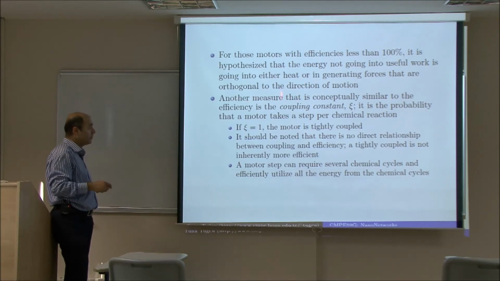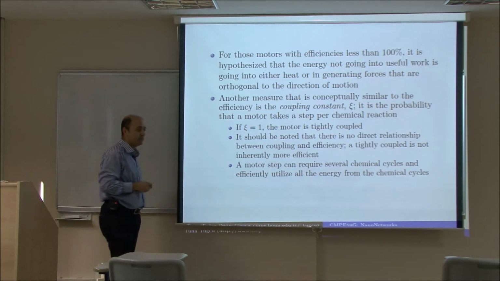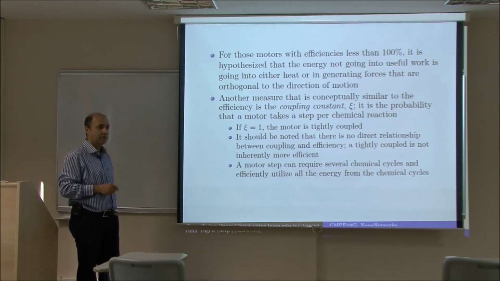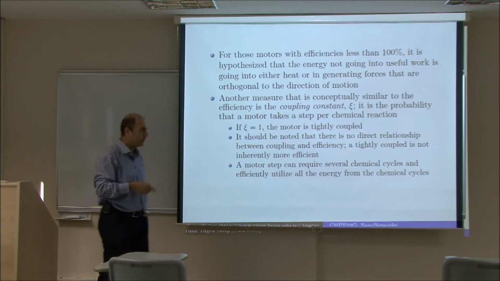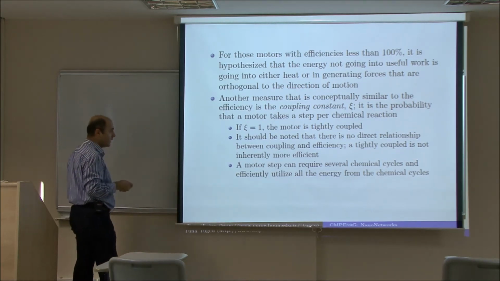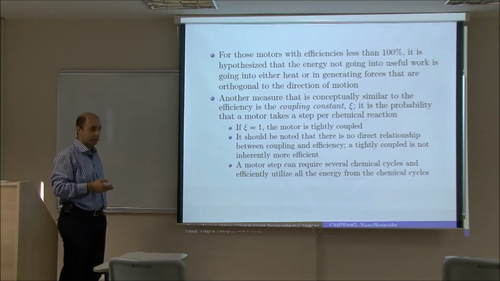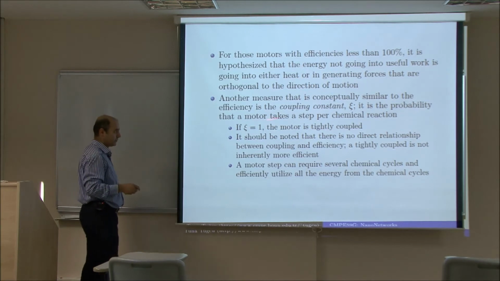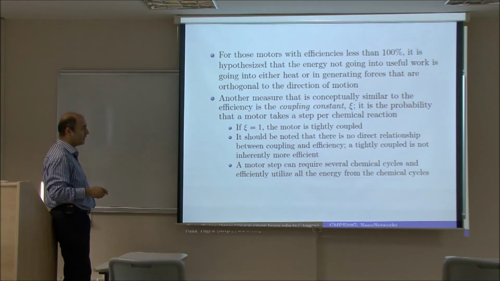Another measure similar to efficiency would be the coupling constant, which is the probability that a motor takes a step per chemical reaction. After every chemical reaction, you take a full step. Okay? That would be the coupling constant. If the coupling constant is 1, then the motor is tightly coupled. Good. However, there is no direct relationship between the coupling constant and efficiency.